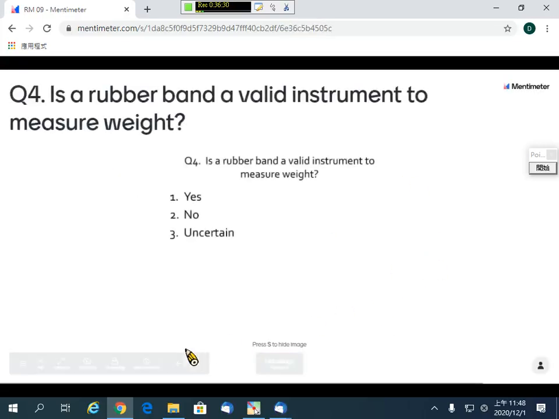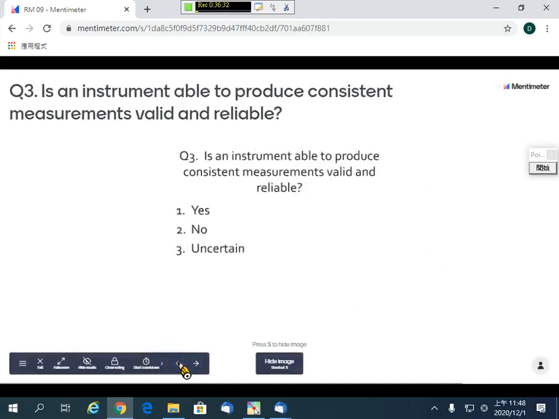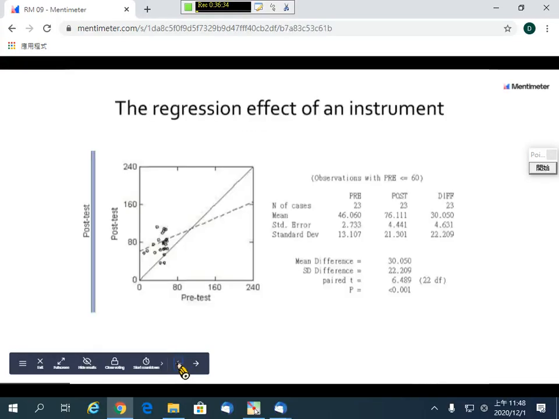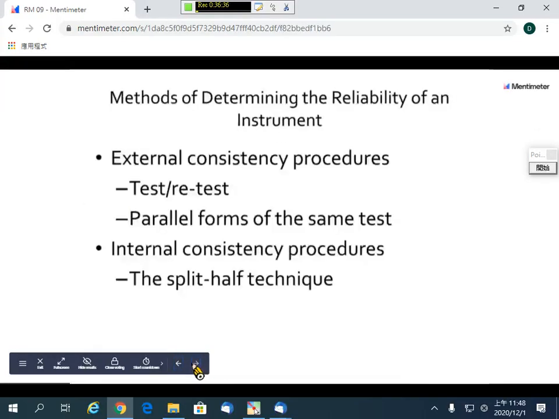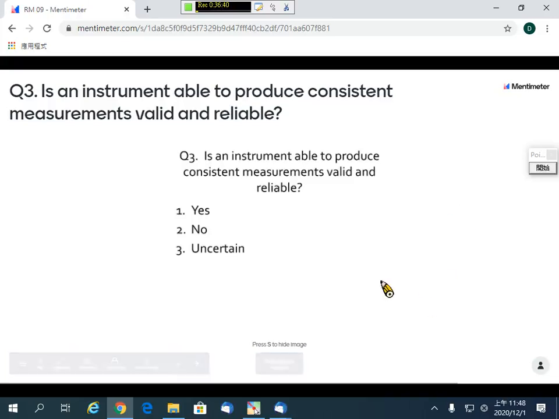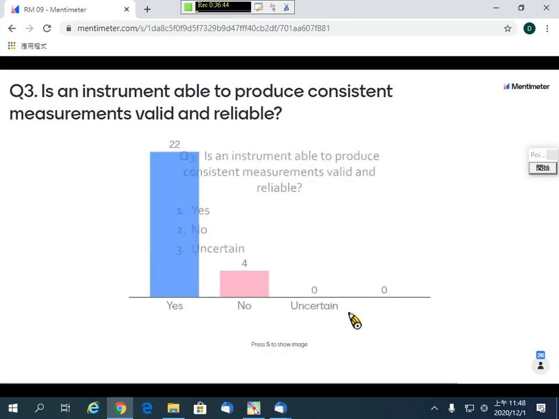Okay. Okay. The answer for this one is no.